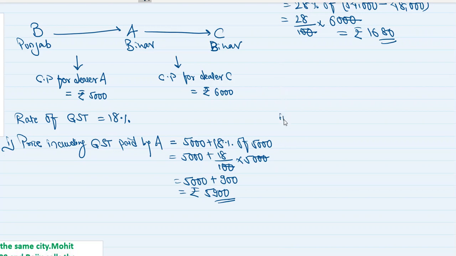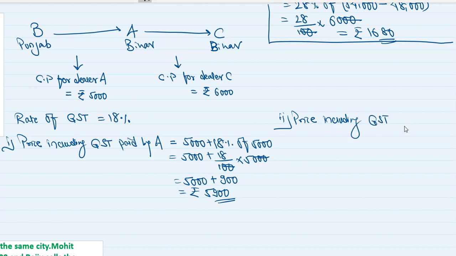So second one is price including GST paid by C is equal to 6,000 plus 18% of 6,000.